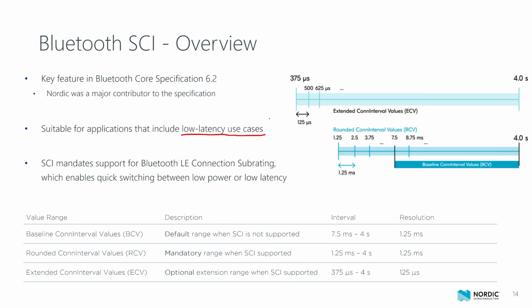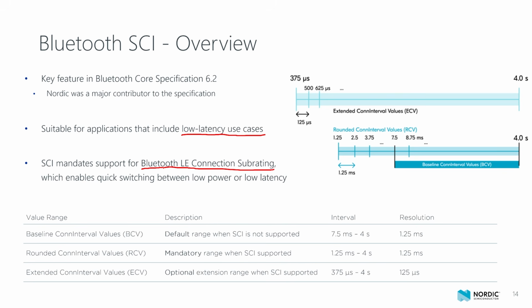For example, gaming, whether it's casual to competitive gaming use cases, HID use cases. One thing that SCI also mandates is support for Bluetooth LE connection subrating. We covered this feature in the 2.8 and 2.9 SDK releases webinar, and that also included a demo. So if you want to know more about this feature, I recommend that you watch that.